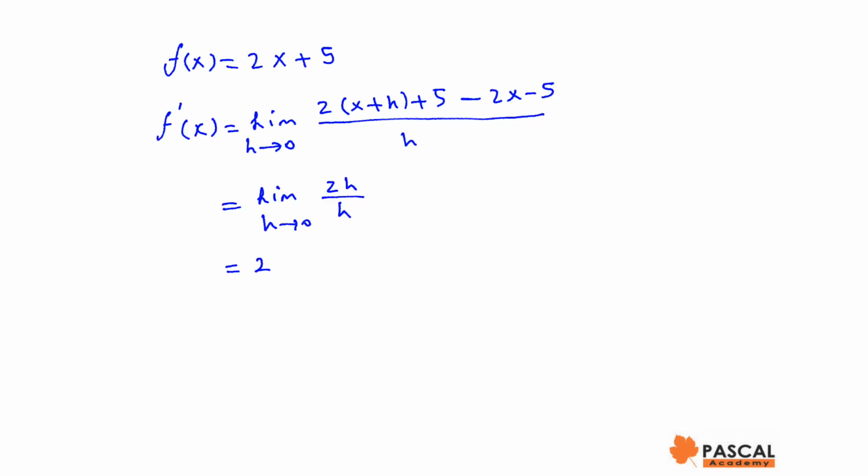As we expected, the derivative is the slope of the line.